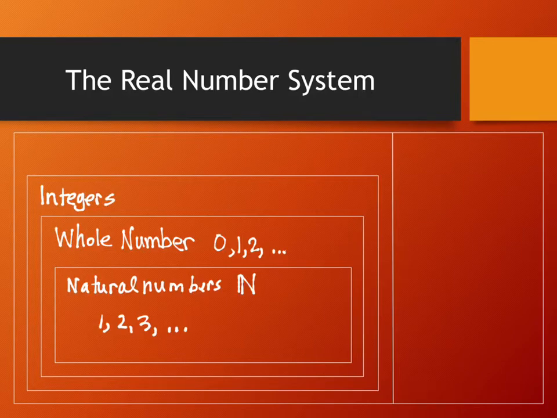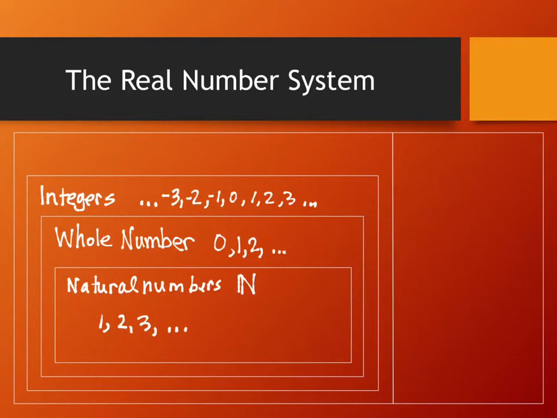So the number 2 is a natural number and a whole number, and it's an integer, right? Because it's nested inside these boxes. But it also includes the negatives. So often we see them listed like this: -3, -2, -1, 0, 1, 2, 3, and so on. These are integers.